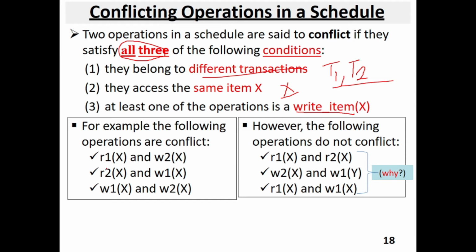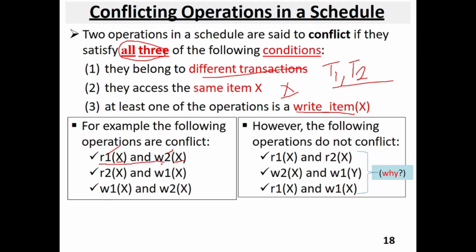Look at this example. Transaction 1 and transaction 2 are different, so the first condition is satisfied. They access the same item X here, and from the two operations, at least one should be a write operation.